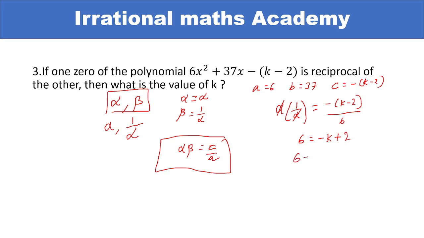So what I'll get here? 6 minus 4 equal to minus K. Sorry, 6 minus not 4, 6 minus 2. So 6 minus 2, what I'll get here? 4 equal to minus K, or minus K equal to 4. If I multiply both sides with minus, what I'll get here? Minus 4. Is this clear?